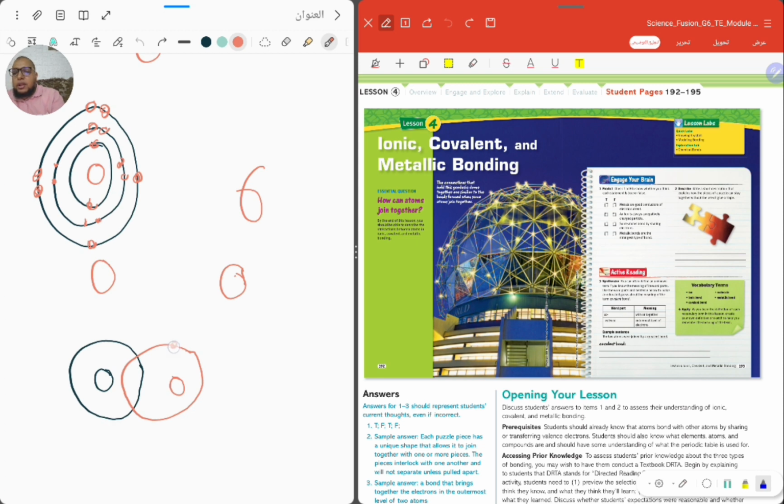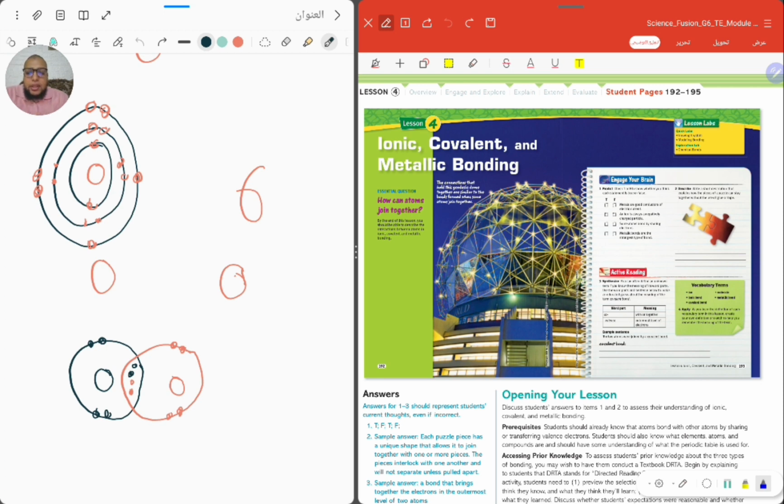The 2 last electrons I will put here. The other one, the same thing. So every oxygen atom shared what, guys? Shared 2 electrons. So now we have 4 electrons at every one of them, and 4 sharing electrons.